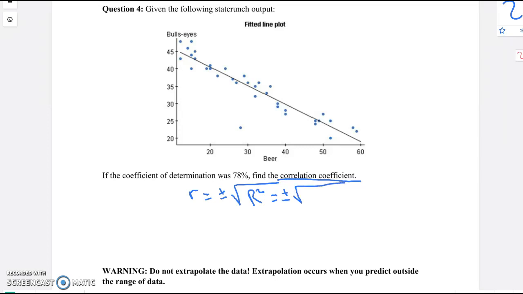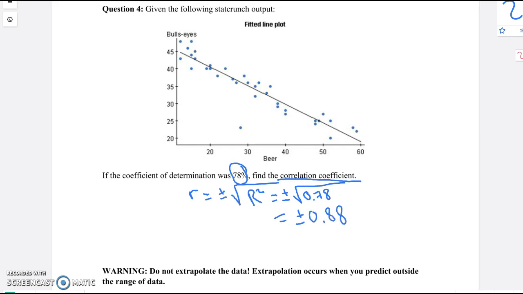In this case, what is big R squared? That is just the 78%. So don't square it. I'm going to write it as a decimal, 0.78. That's one of the biggest mistakes, so just be careful. Let's take the square root of 0.78, and what I'm going to get is approximately 0.88.